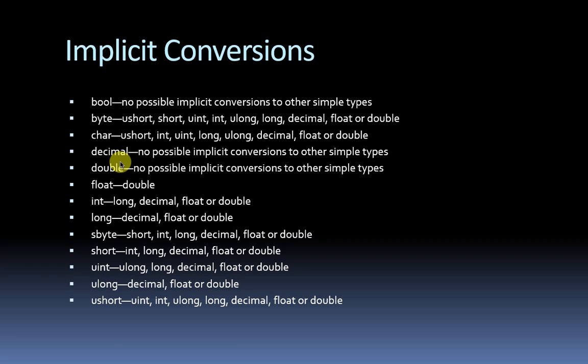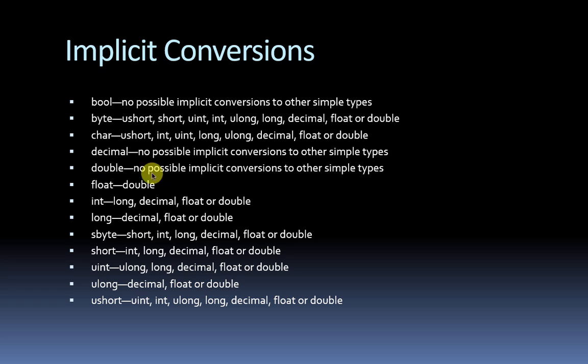Decimals do not have any implicit conversions, and the reason for that is if you convert a decimal to any of the other types, all of which are smaller than decimal, there is the possibility for losing information. Anytime there's a chance of losing information, no implicit conversions are allowed. Only explicit conversions are allowed with so-called cast operators, like we introduced in an earlier lesson.